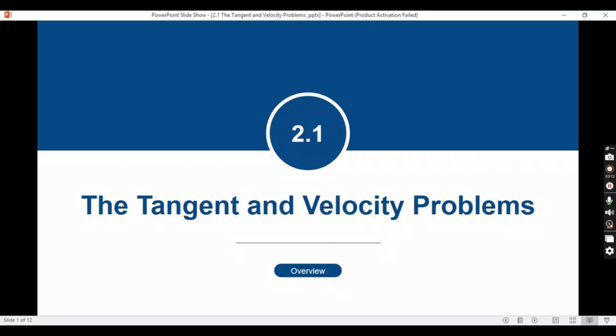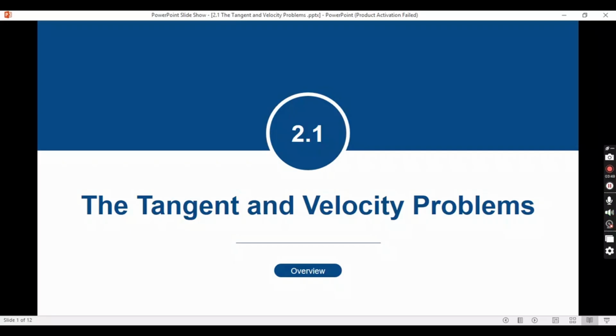So we are starting 2.1, right? And it says the tangent and the velocity problems. Does this ring any bell? Yes. What comes to mind when we talk of this? The first lesson that you ever gave me, you told me that the tangent problem tells us how fast something is going.